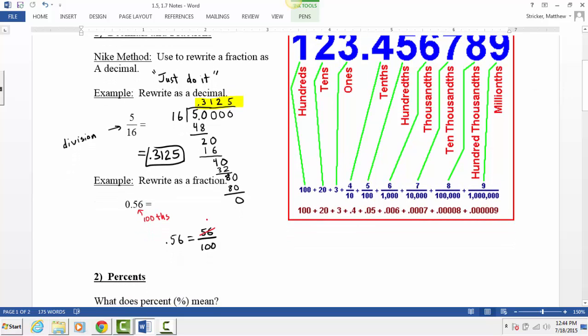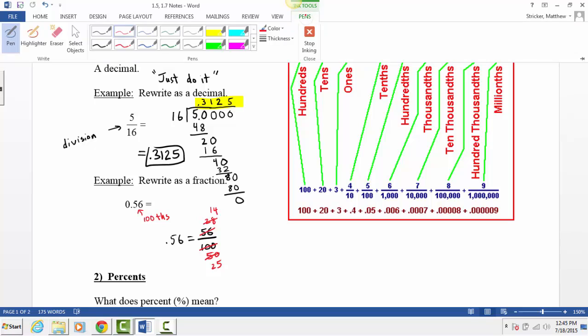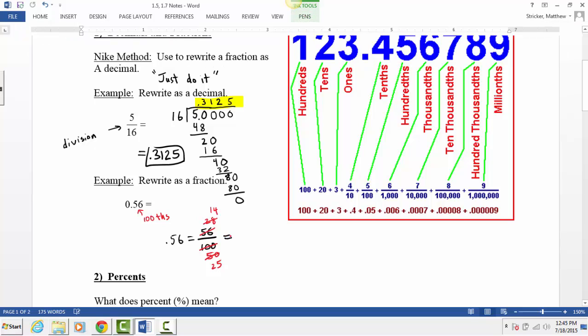Divide that by 2, we get 28. Divide that by 2, we get 50. Both of those are still even, so let's do it again. 14 over 25. So that's my answer in reduced form, 14 over 25.